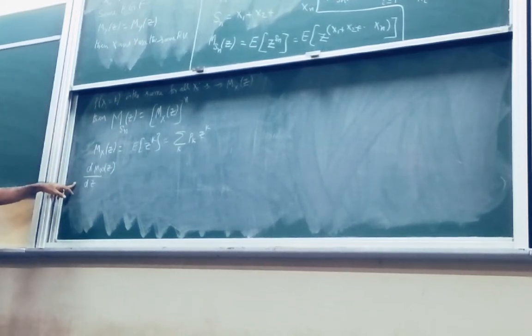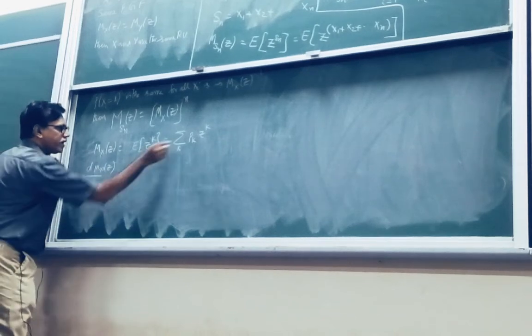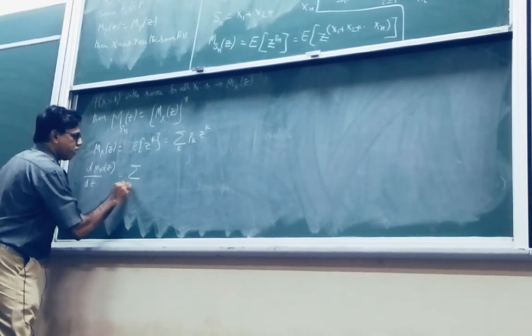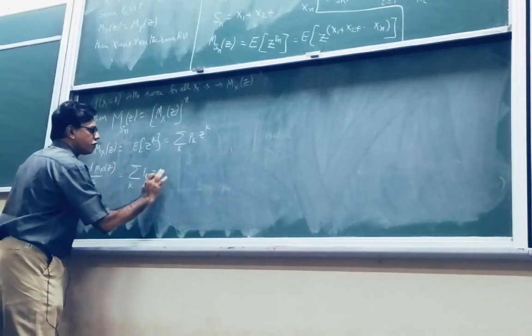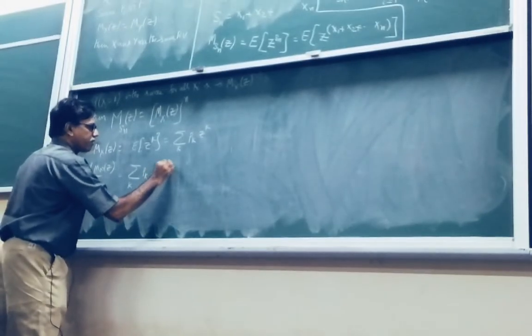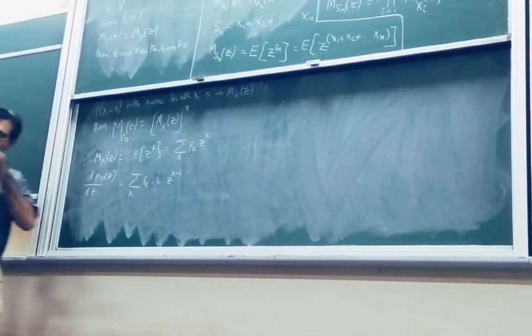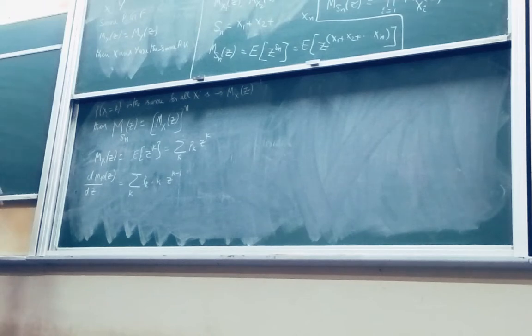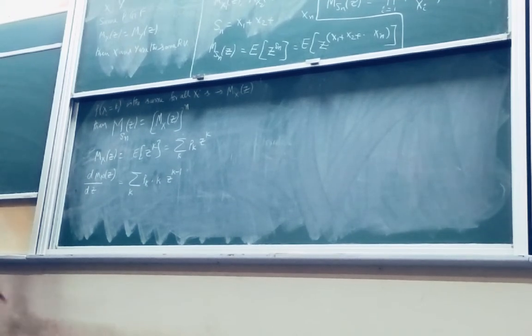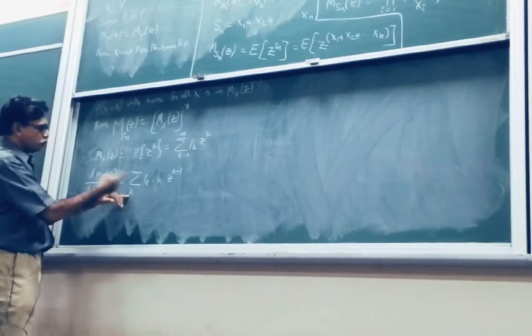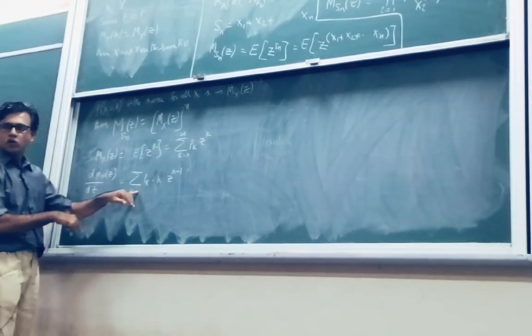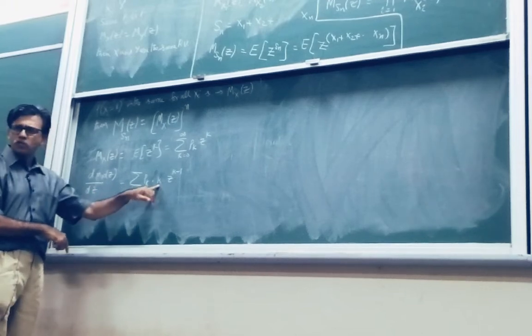If you differentiate with respect to z one time, we get sigma over k of p_k into k into z power k minus 1. This is what we will get. Actually, k varies from 1 to infinity, but I can as well put 0 also, it's not going to harm.